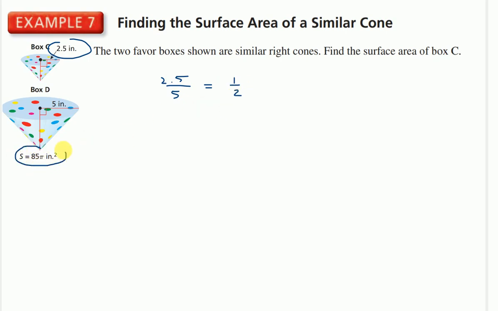So I'm going to take this surface area, 85 pi, times 1/2 squared. A half squared is 1/4, so 85 times 1/4 is 21.25 pi, and that is in square inches.